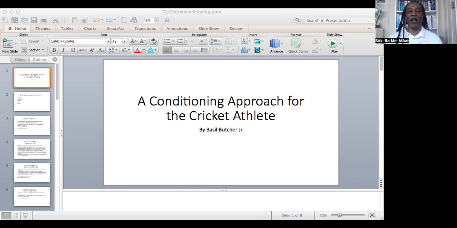All of these enhance aerobic capacity, whether it's local muscular endurance or so. So you want to have a well versed aerobic system, aerobic capacity in playing cricket.